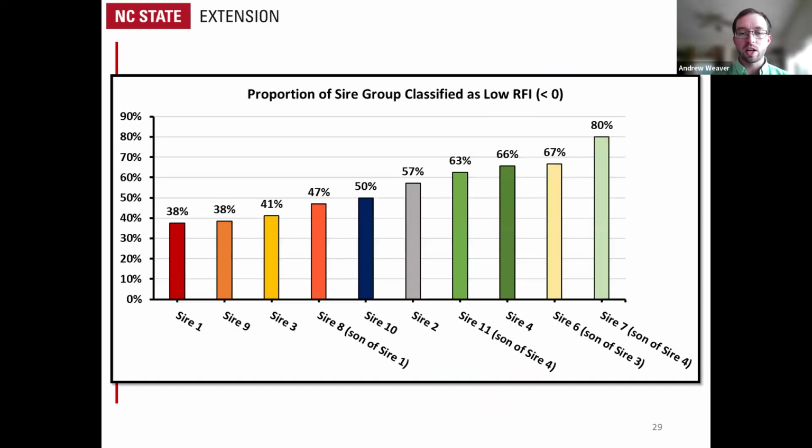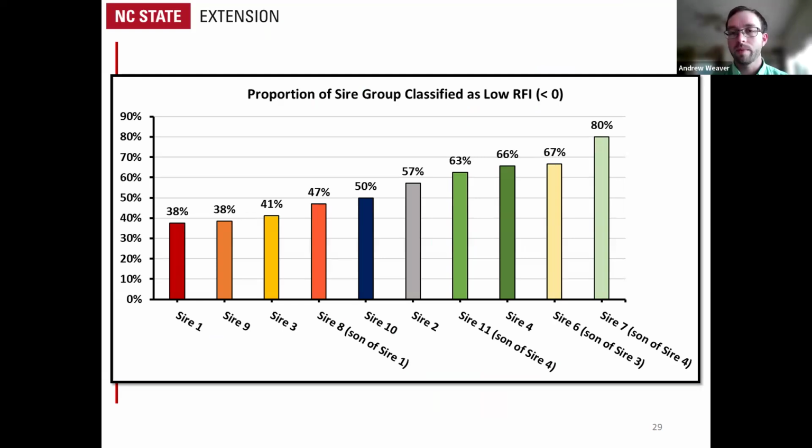So then I went through and I was trying to figure out how's the best way to present these data and make it easy to understand and straightforward. And so I decided to group each sire group, the progeny of each sire, by RFI classification. So were they less than 0? Were they negative for RFI?